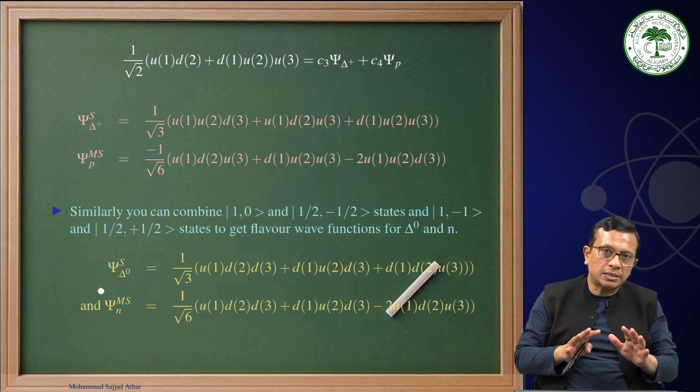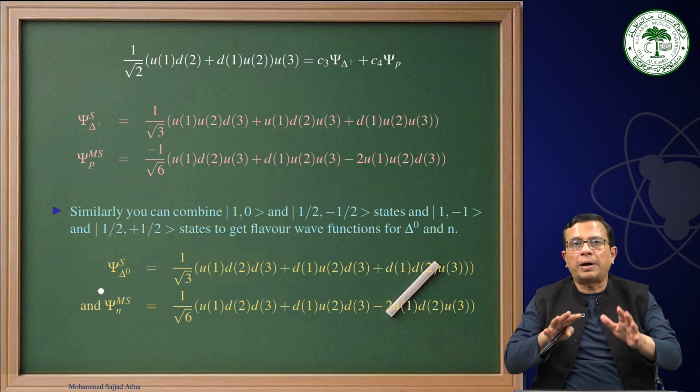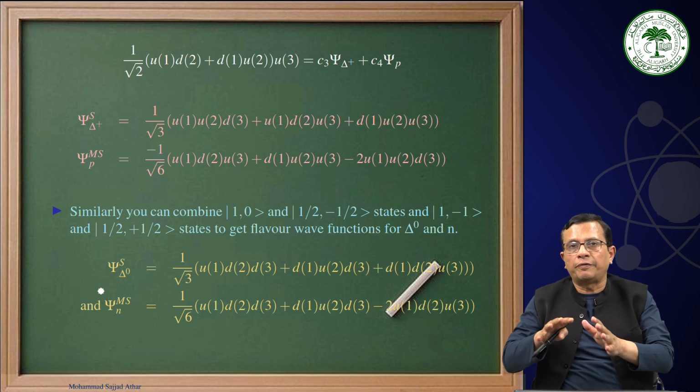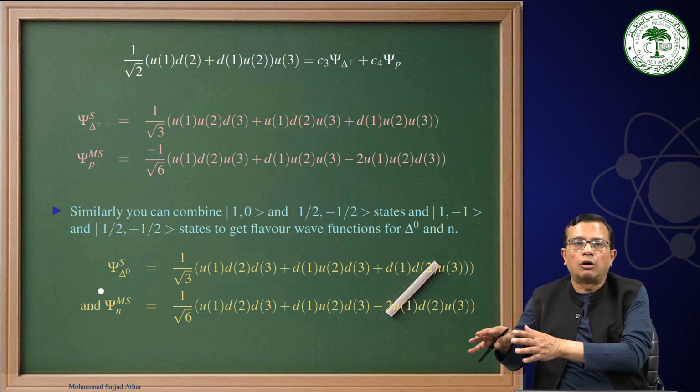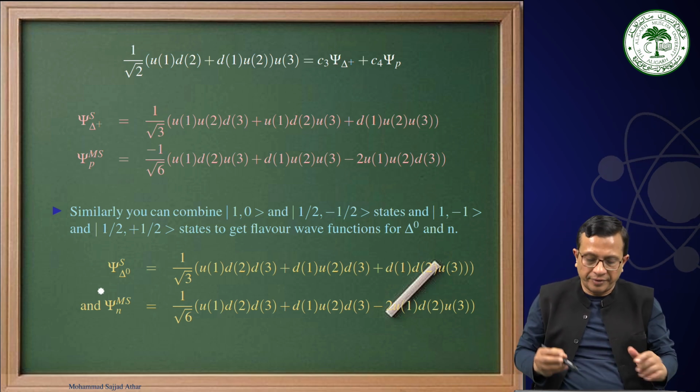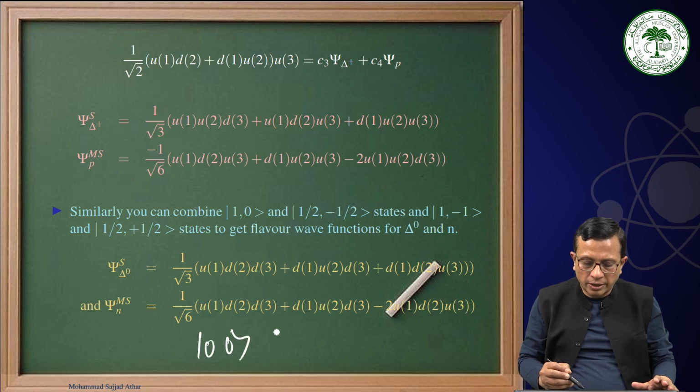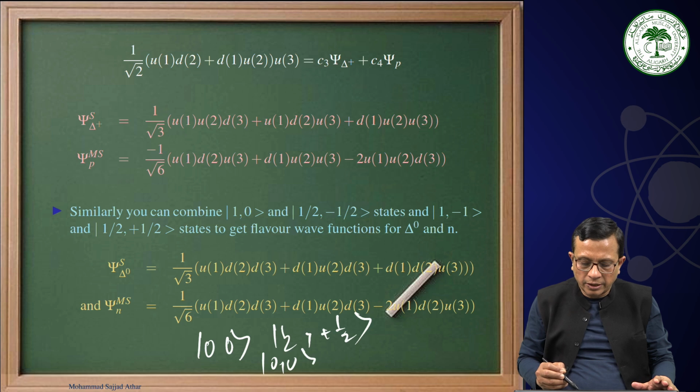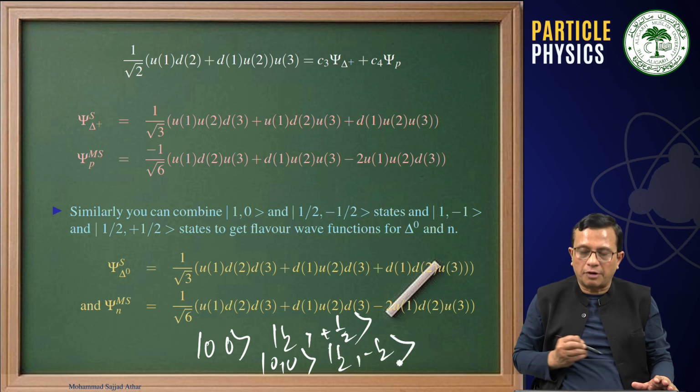Now, up to this point, we have combined isospin 1 with half, +half or half, -half. Now we are left with this 0, 0 state, which we have to combine with half, +half, or with half, -half.